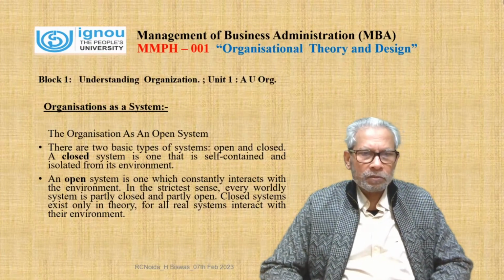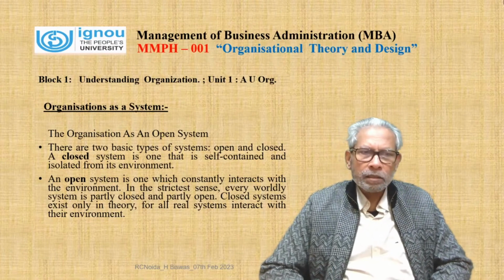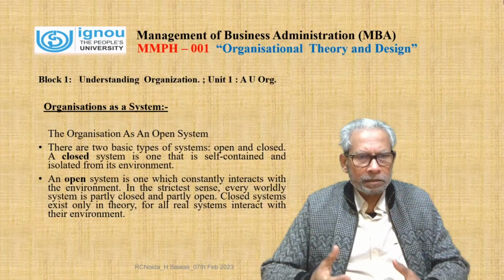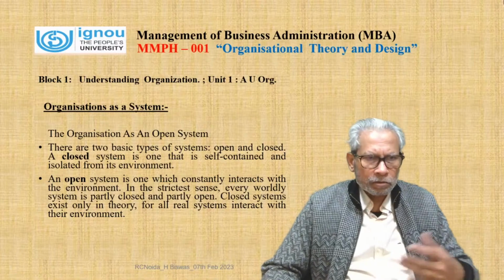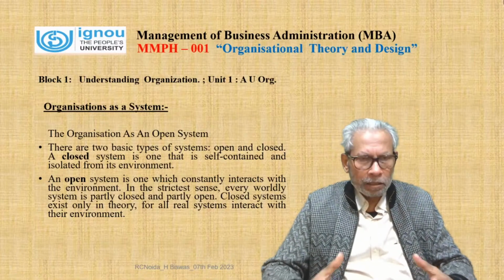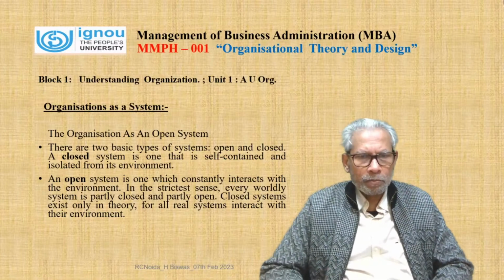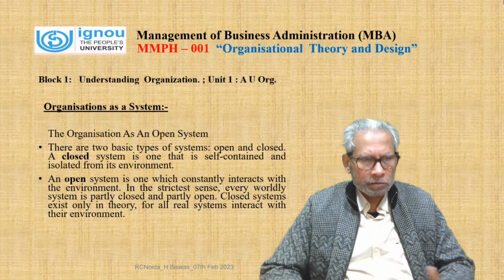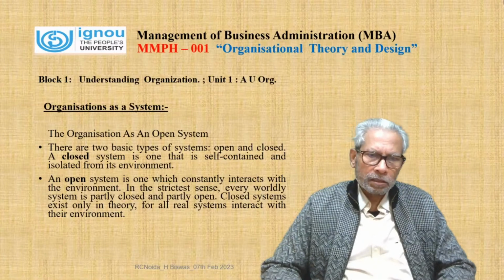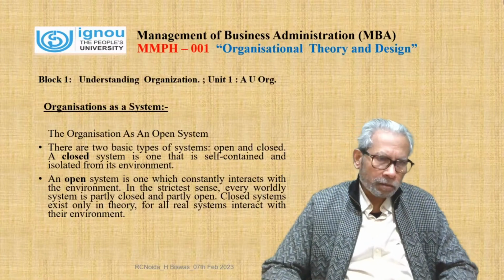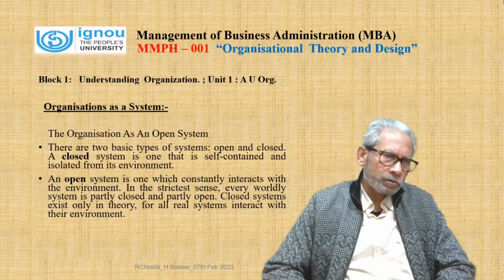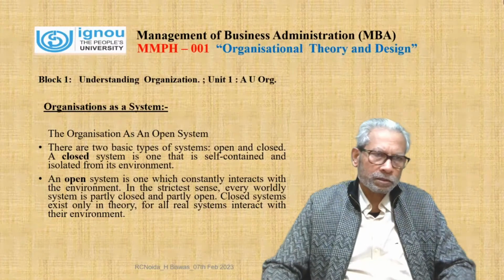The open system constantly interacts with the environment, such as customers, suppliers, and government regulations. Most companies are open systems. It is beneficial, and a real system interacts with the environment. So there is a basic difference between closed systems and open systems.